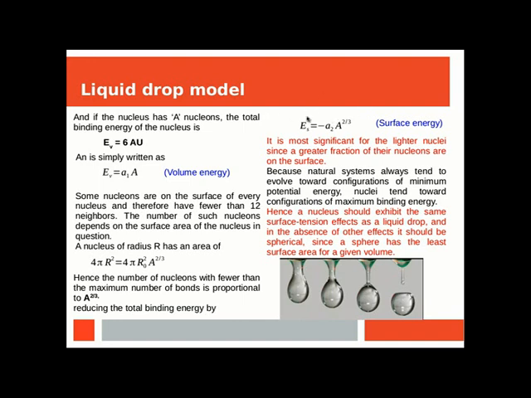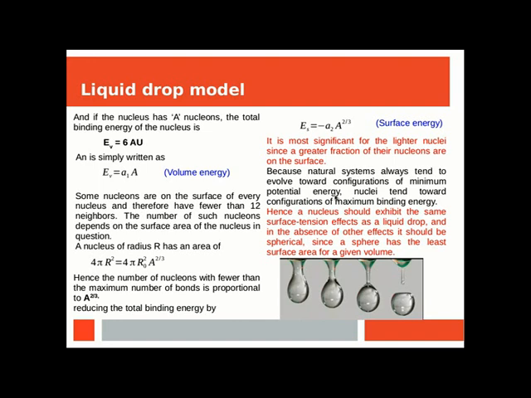This energy is negative in nature because it tends to reduce the binding energy, by virtue of the fact that nucleons on the surface are not able to remain in contact with 12 nucleons. So their neighbors are fewer than 12. This is why we need to consider the surface effects also. This is called the surface energy, and it is negative because it has the tendency of reducing the binding energy.